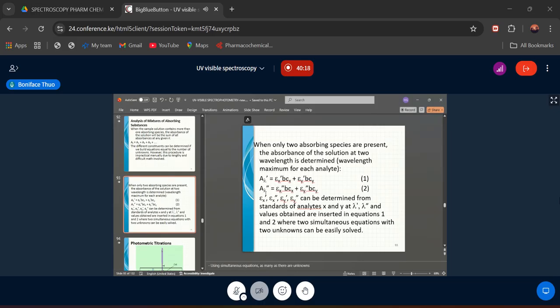Then we measure absorbance at the second wavelength, which could be the lambda max of the second molecule. We have another equation. So by solving these simultaneous equations, because we'll get the absorbance at one wavelength and the absorbance at the other wavelength, we know the path length, and we know the absorptivity. Then we are able to calculate the concentration of the individual molecules.